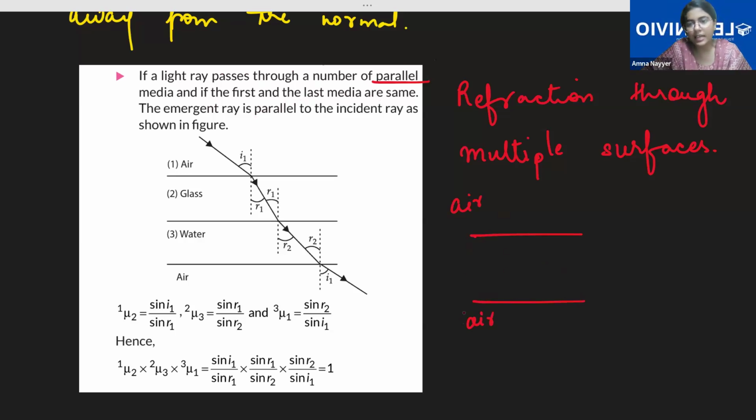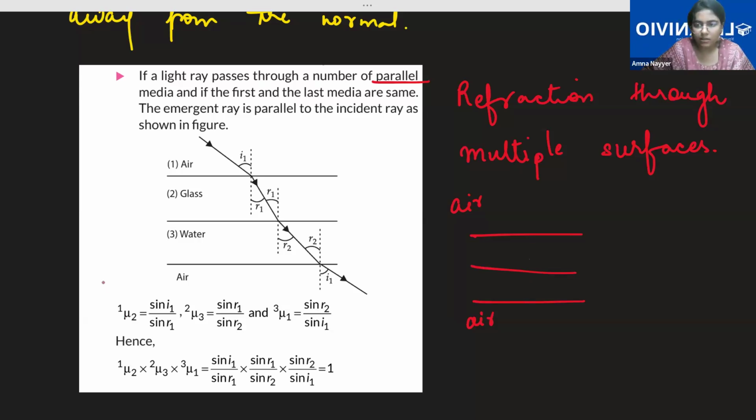Air is given like this, and some material is in between. Instead of one single material, it just splits into two parts. For one material, there's a concept of lateral shift that I'll tell you afterwards, but this is what happens. So air is there, glass is there, water, then air.